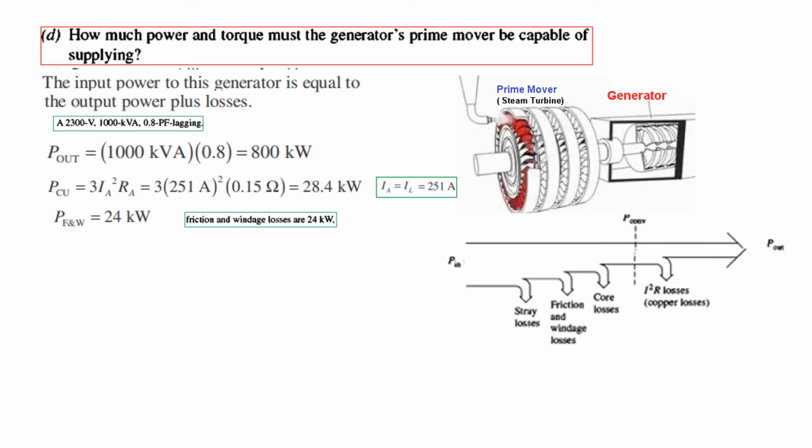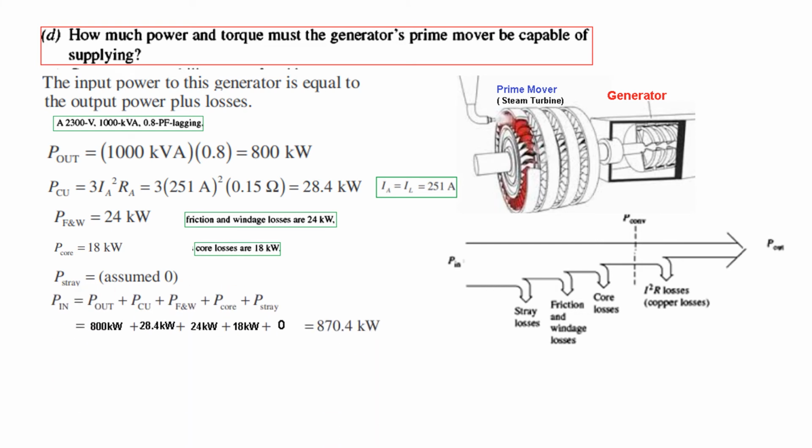This is given: friction and windage loss is 24 kilowatts, and the core loss is 18 kilowatts. This is also given. So we have the copper loss we calculated from here, the core loss is here, and the friction and windage loss is here, and stray loss we can neglect since it is not given, so we assume it to be 0.